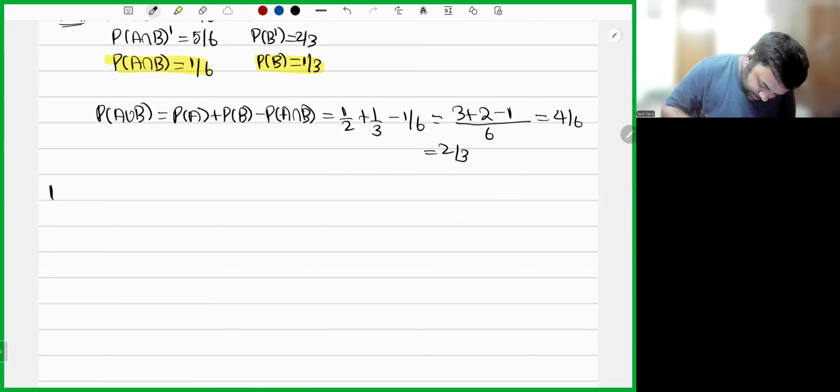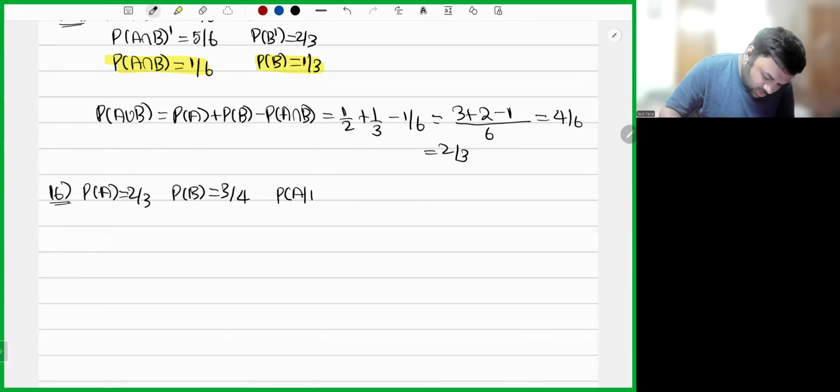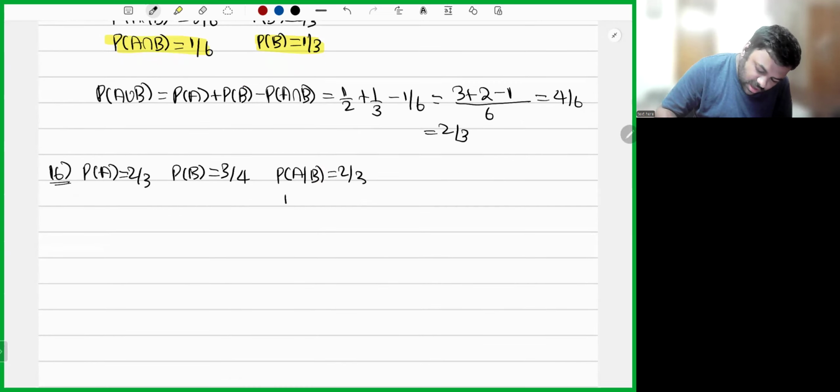Question number 16. P of A is 2 by 3. P of B is 3 by 4. P of A by B is equals to 2 by 3. What is P of A by B, my dear friends? P of A intersection B divided by P of B is 2 by 3.